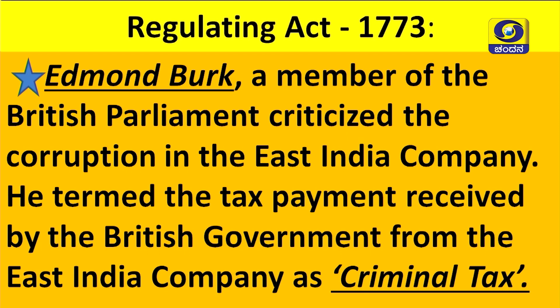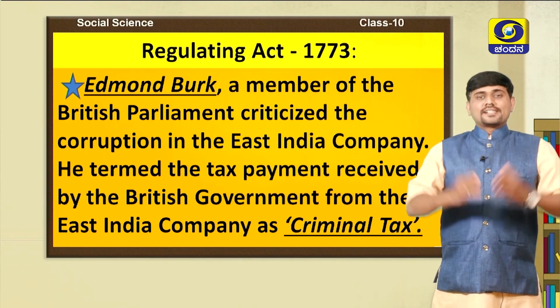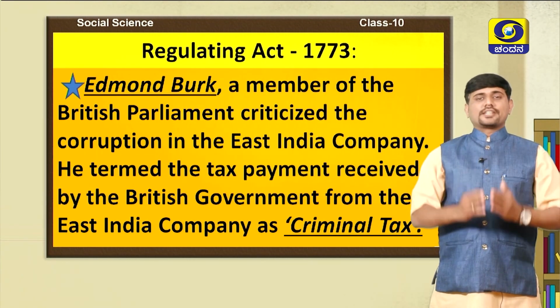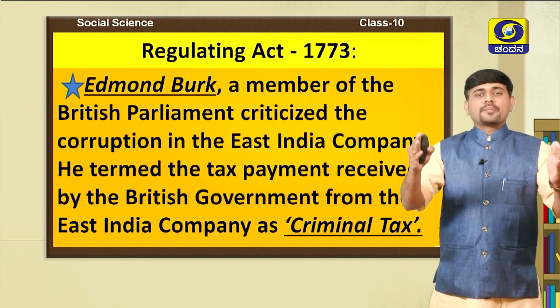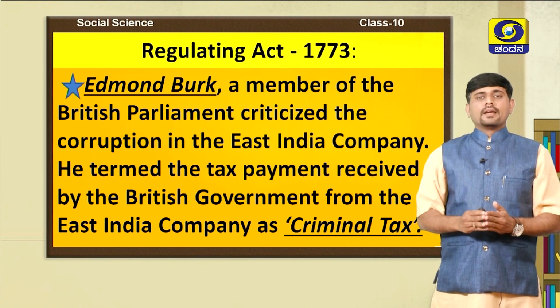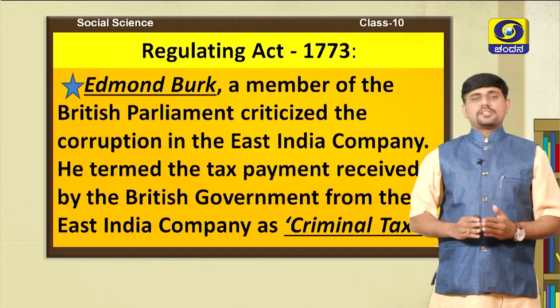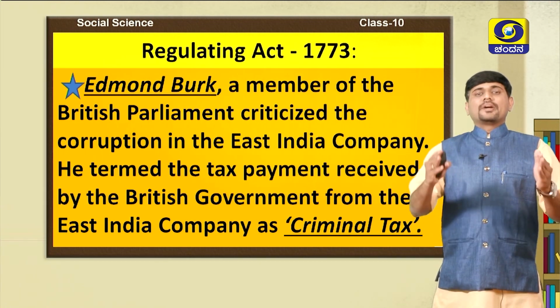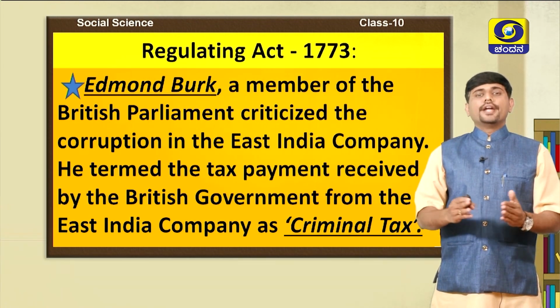The British East India Company gained Diwani rights over the Bengal region in the year 1765. As a result, many British East India Company officials and greedy officers engaged in corrupt activities. Such corruption led the British East India Company into crisis.